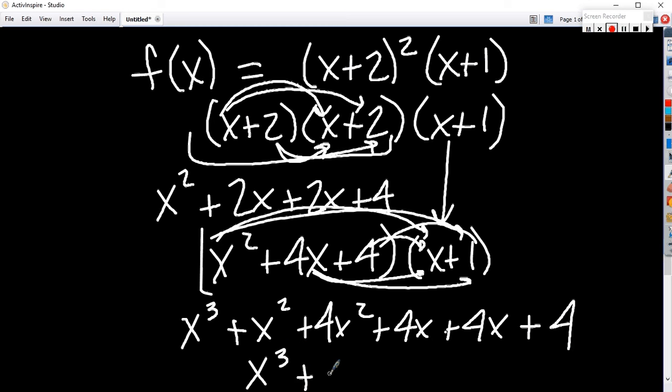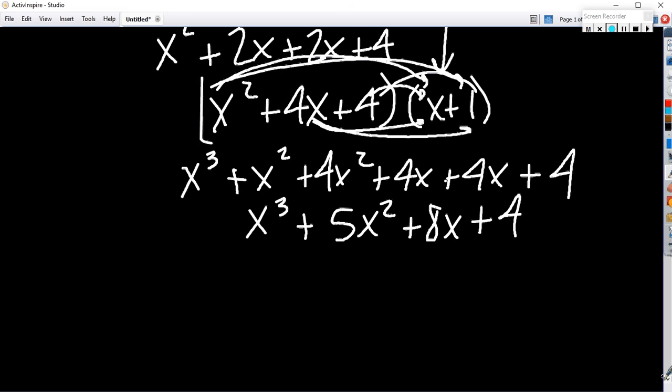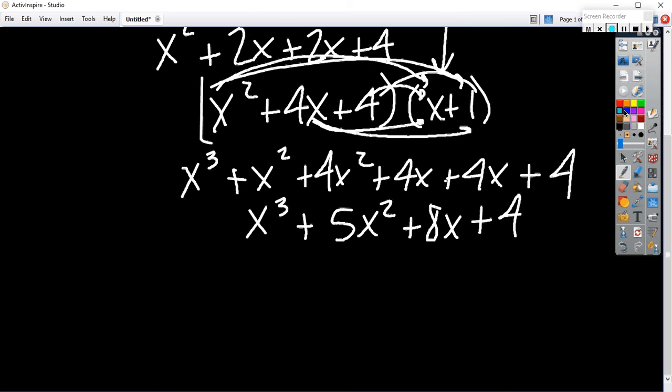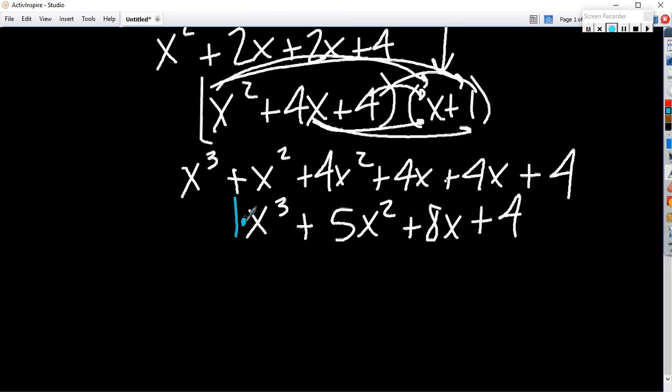So now when you look at this, you can easily find the leading coefficient, the constant, and the degree. What's the leading coefficient? 1. How do you know it's 1, Jordan? Because x to the third has the greatest exponent and there's an assumed 1. Exactly. There's an understood 1 in front there.